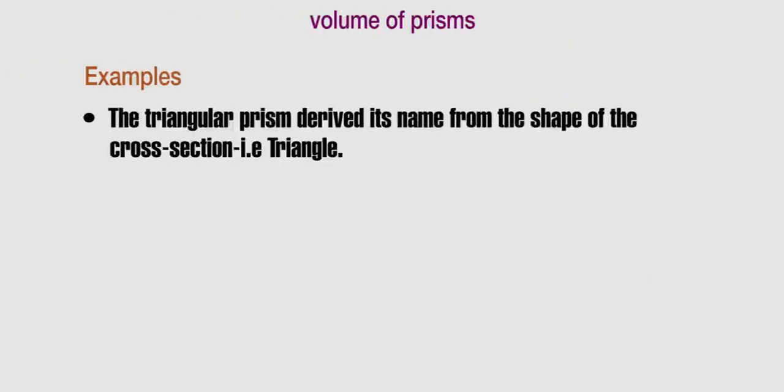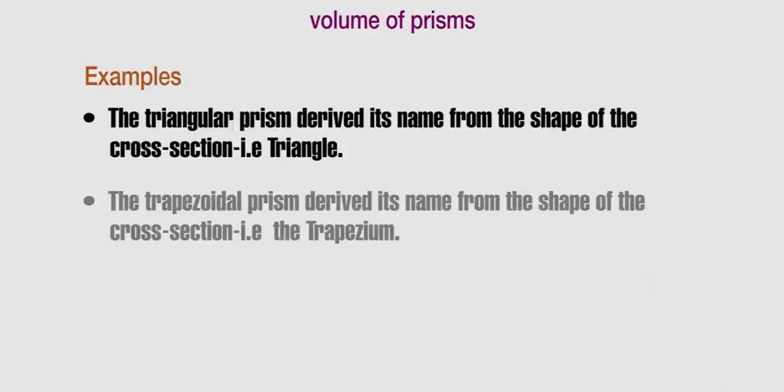For example, the triangular prism derived its name from the shape of this cross-section. That is the triangle. The trapezoidal prism derived its name from the shape of the cross-section.